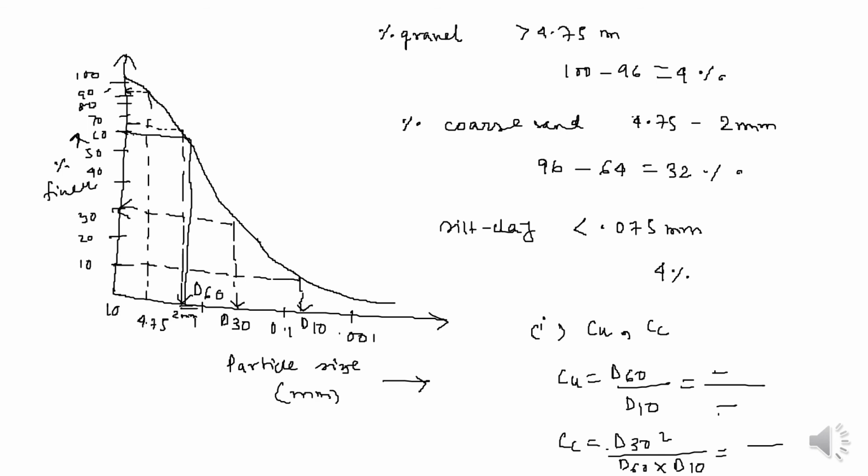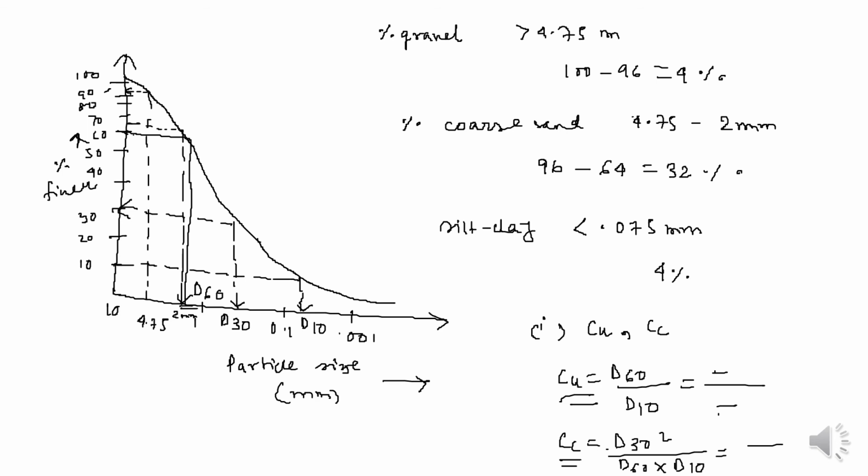If my values of Cu or Cc are something else, we call it a poorly graded sand. Since I did not draw it on a graph, I'm unable to give the value of Cu and Cc, so the viewers must give it a try, plot it on a semi-log graph, and find out the values of Cu and Cc.